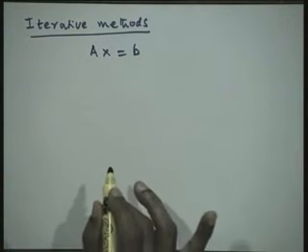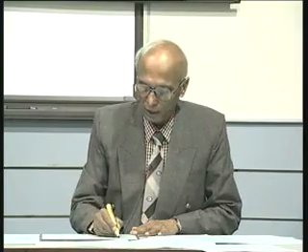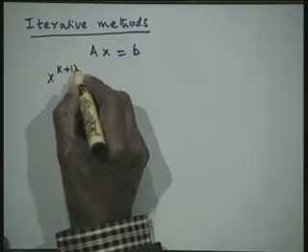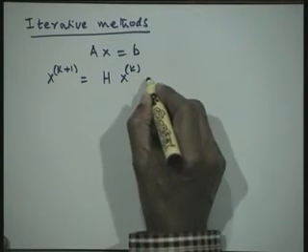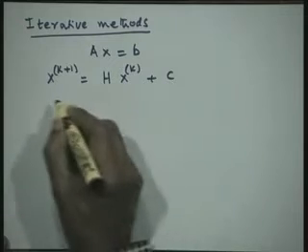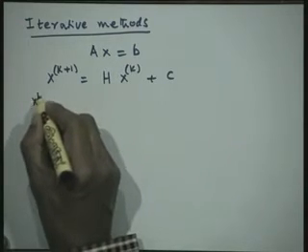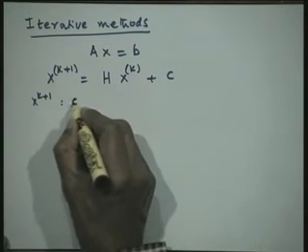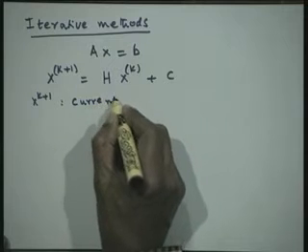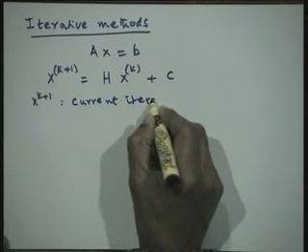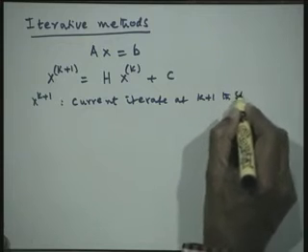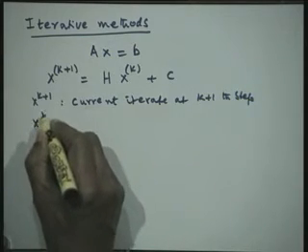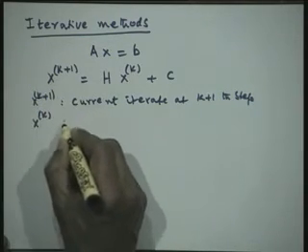Every iterative method connects the current iterate to the previous iterate. So, if I write down a method like x k plus 1 is equal to H x k plus c, then I would call x k plus 1 the current iterate at the k plus 1th step, and x k is the previous iterate.